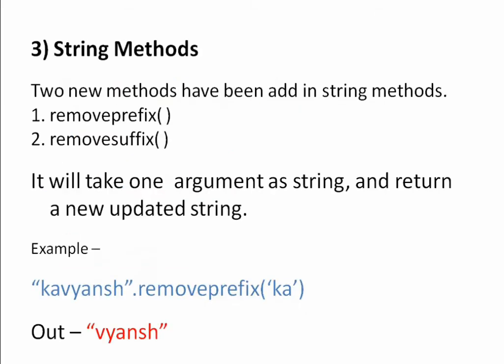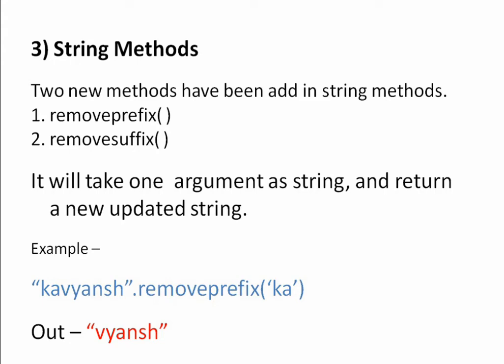So what is the next feature? There are two new string methods added with Python 3.9: the first is remove prefix and the next is remove suffix. They take a string as an argument and return a new updated string. Suppose for example I take this string and apply remove prefix.